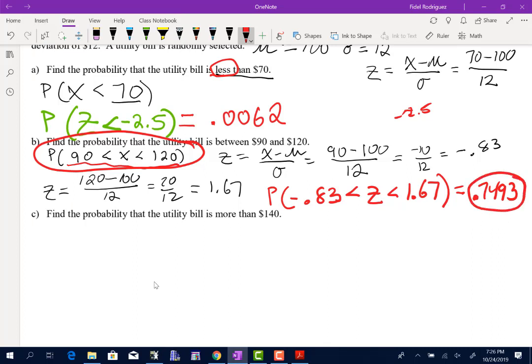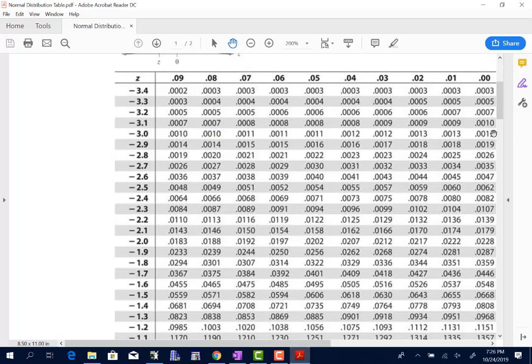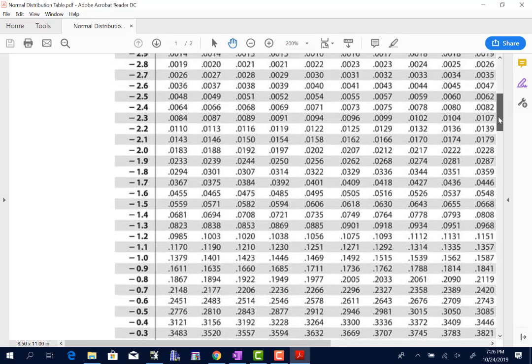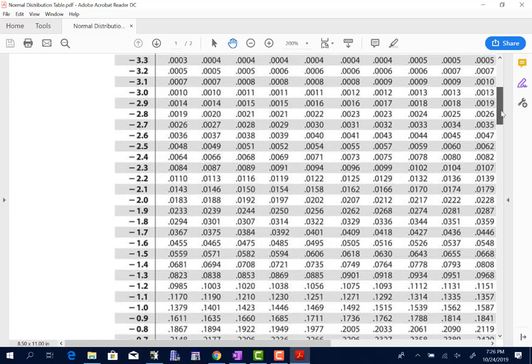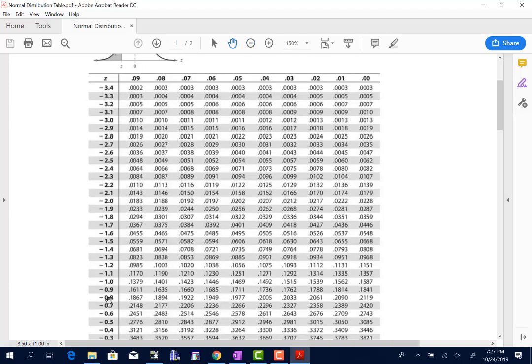Okay, so guys, before I go on, let me ask you a question. If I was going to do this using my table, which value would I have to find first? The negative, right? So let's find a negative 0.83. That's 0.2033, right?